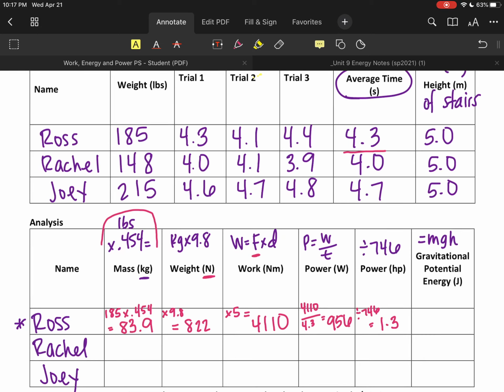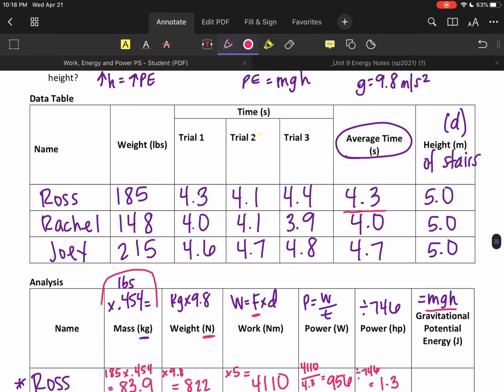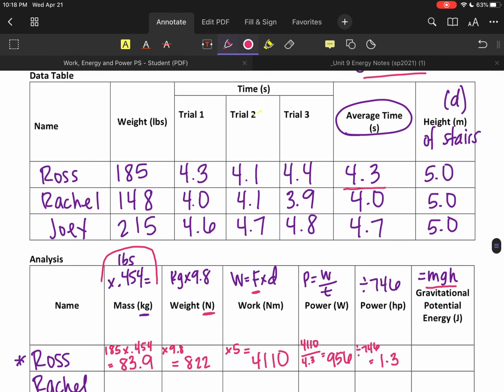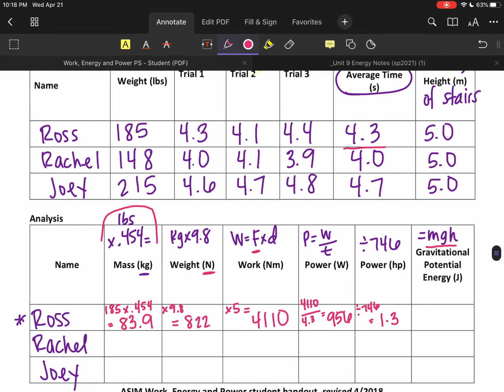Last but not least, we're going to calculate our gravitational potential energy. This is where we're plugging in mass times gravity, which is 9.8, and then times the height, which is just the stairs. His mass is 83.9 times 9.8 times the height of the stairs, 5.